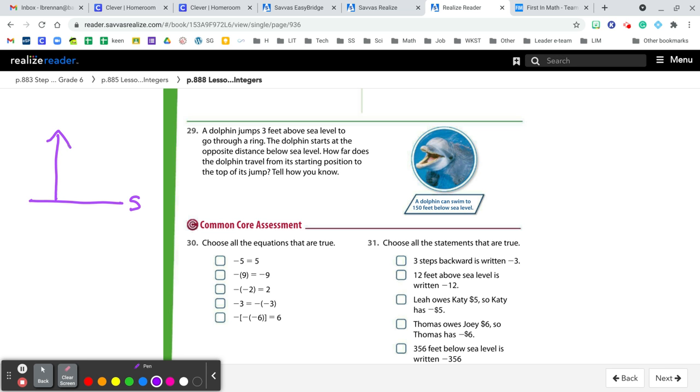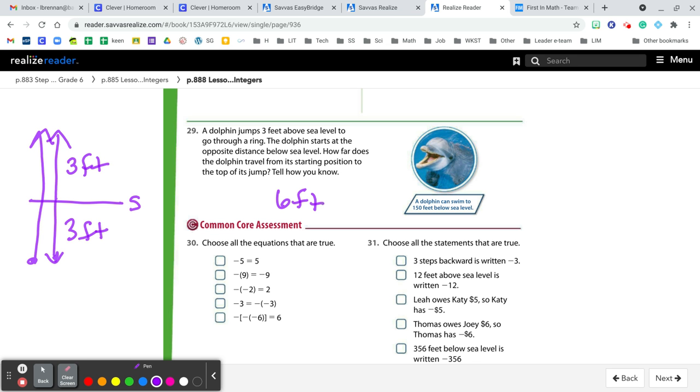He's going to jump 3 feet, he jumped 3 feet to go through a ring, and he starts at the opposite distance below sea level. So he's starting 3 feet below sea level. So he's actually starting down here and going all the way up here. So he would be 3 feet plus 3 feet. So altogether, he would travel 6 feet.